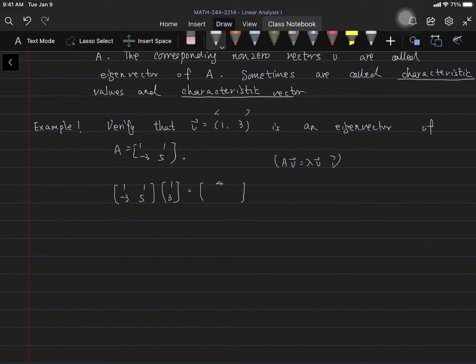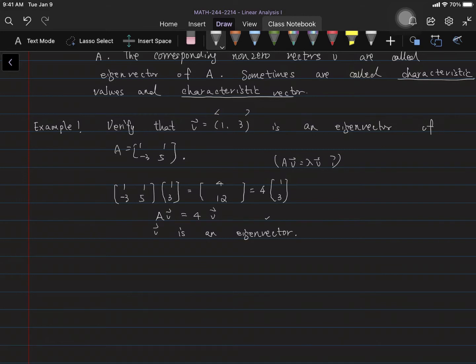The next is negative 3 plus 15, which is 12, right? We can take the factor of 4 out, and we get 1, 3. So you can see AV equals 4 times V, so V is an eigenvector.